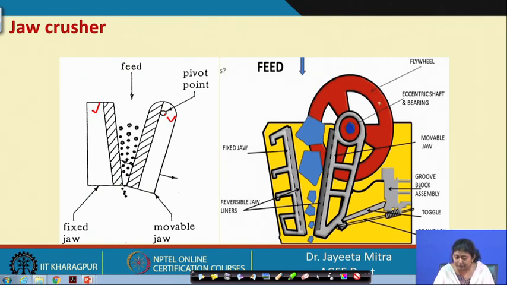Sometimes a feed roll or flywheel is provided to pass this material through the groove. So, there may be different kinds of arrangements, but mostly the principle will be based on compression force. The larger size particle will be reduced to a smaller size, even though this size is higher than that from the grinders.